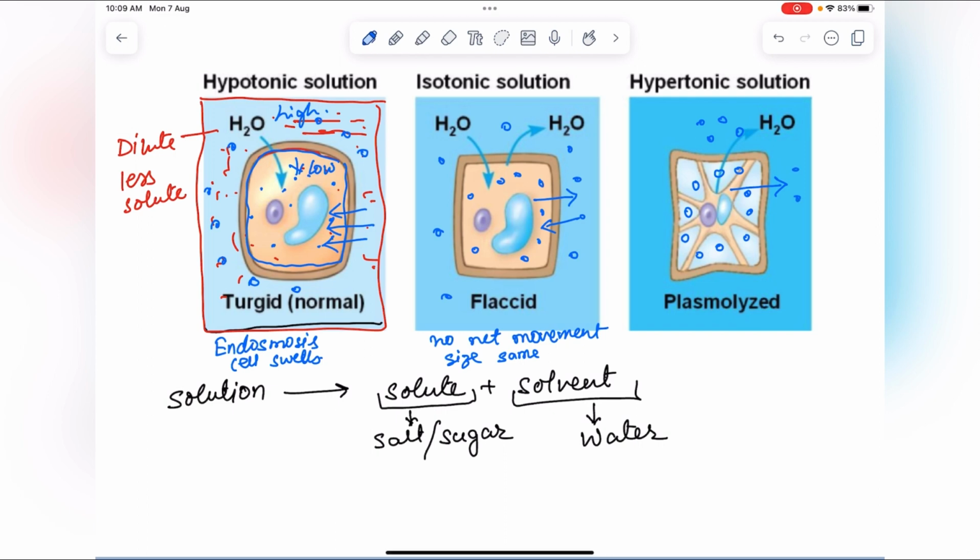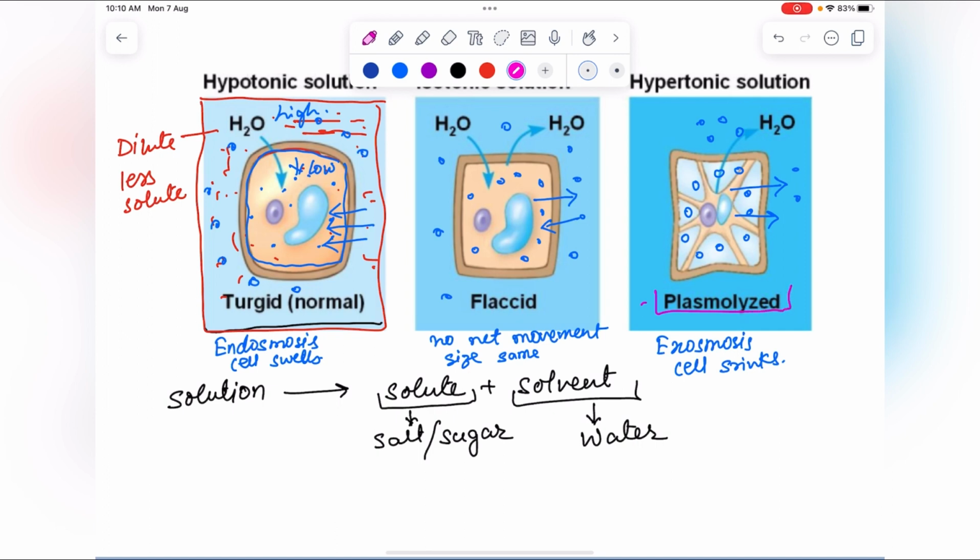The cell will shrink, and this process is called plasmolysis. There will be exosmosis.